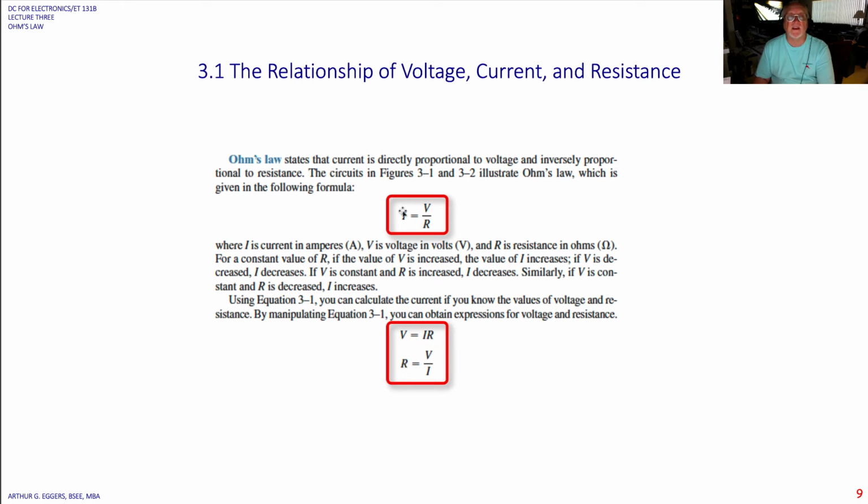And then in this case, if we move the resistance into the numerator and the current into the denominator, we have the third form. So you need to get used to being able to manipulate these values. I would suggest you write down and learn one of the versions and then be able to derive the other two from that so that you always know what the relationship is between voltage, current, and resistance in Ohm's law.